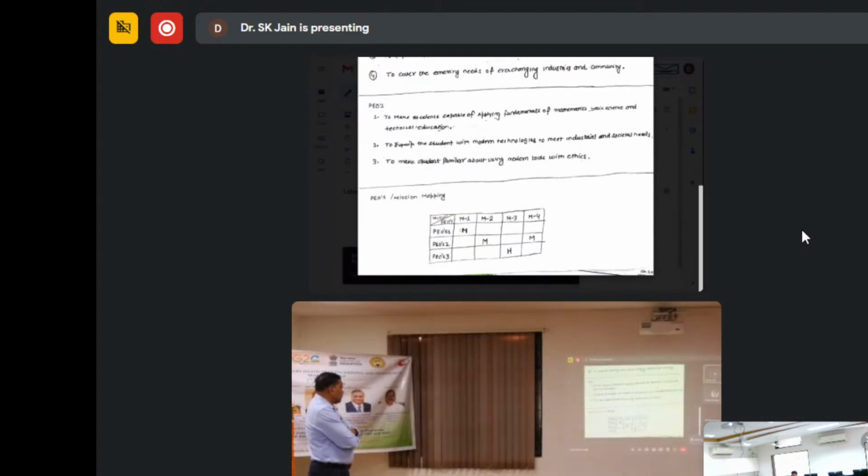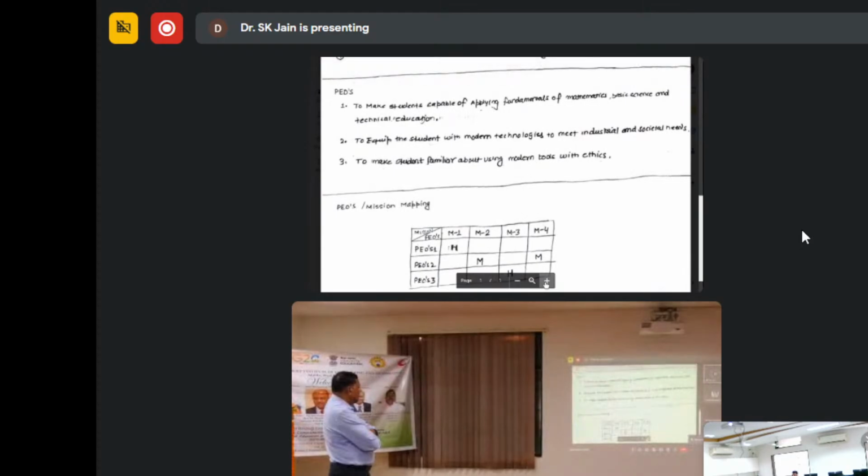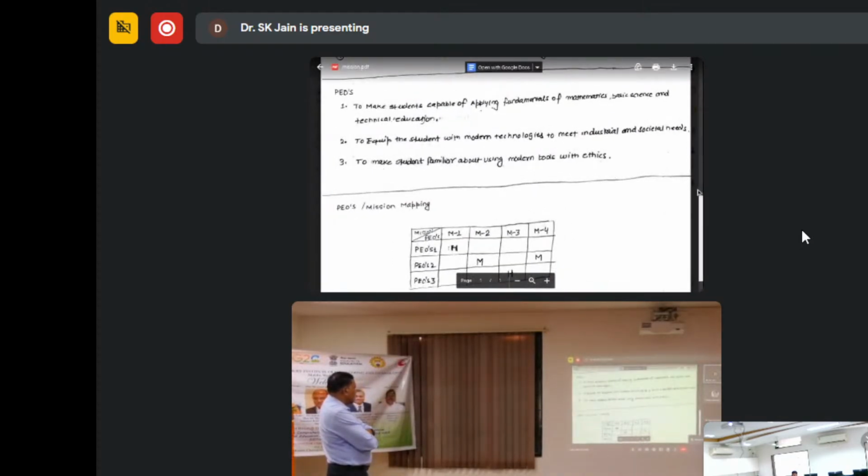And the second program educational objective is to equip the students with modern technologies to meet industrial and societal needs. Third is to make students familiar about using modern tools with ethics.